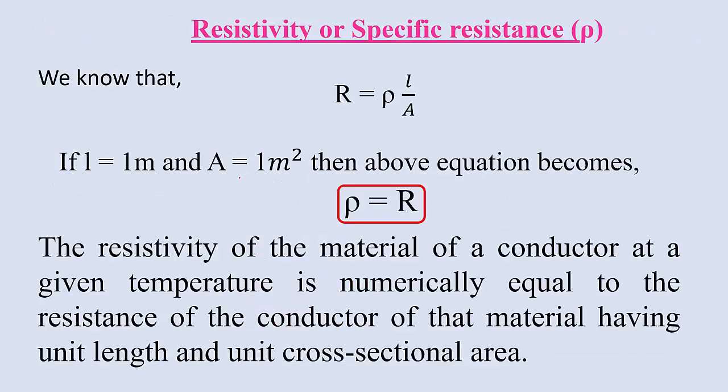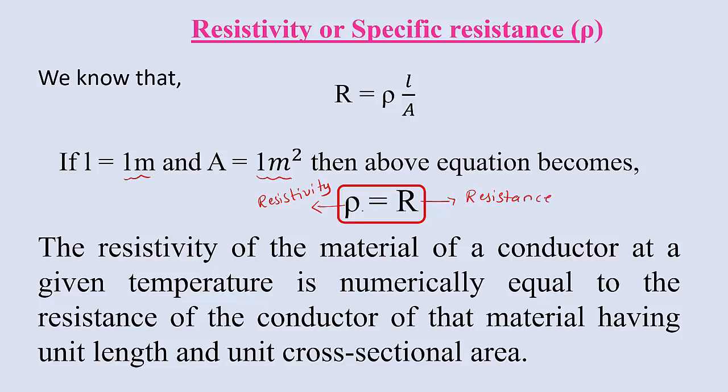Then, how to define resistivity or specific resistance? We know this equation, R equal to rho L divided by A. Suppose length is 1 meter and area is 1 meter square, then the equation becomes rho equal to R. Rho indicates specific resistance or resistivity, and R indicates resistance.